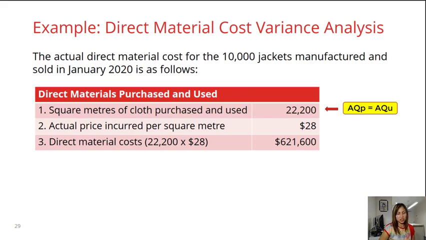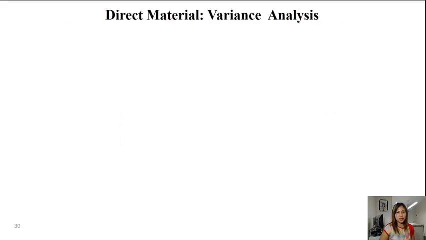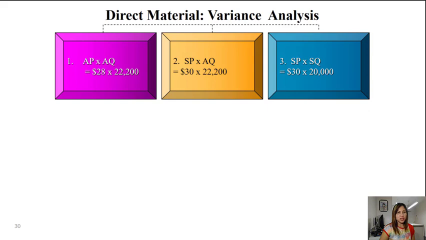And what about the $28 per square meter? This is the actual price. Now, how do we use that information to calculate variances? Actual price times the actual quantity. So that's the first box.